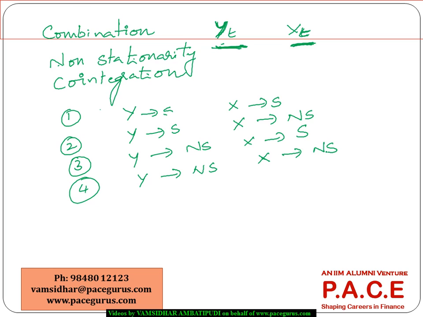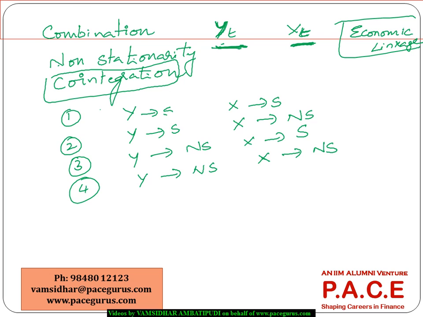So before we go into any other details of the process, we need to understand the mechanism of co-integration, which means co-integration is a mechanism that these two time series, whatever we are looking at, have some kind of economic linkage between them, some kind of meaningful relationship existing between them, and that existing relationship may not change in future. That is the meaning of co-integration.